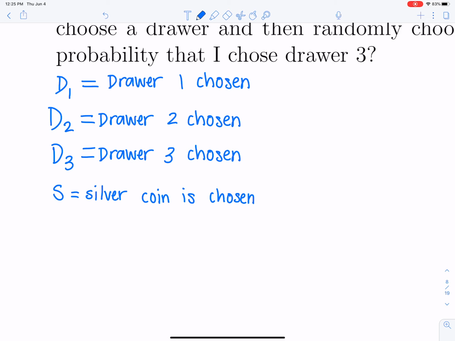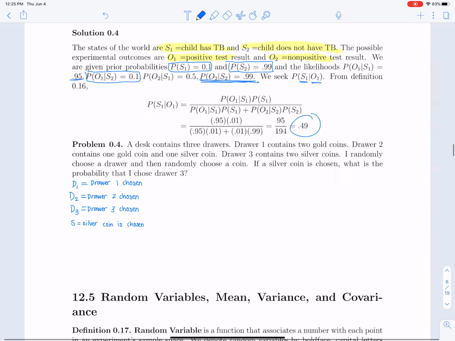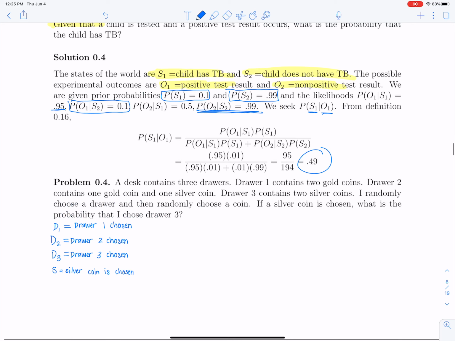Now, since we have 3 choices for choosing a drawer, we need to have our prior probabilities, because if you remember in the previous example, they gave us those probabilities ahead of time, like about 95% of children test for TB. So we kind of have to make up our own or think about it intuitively.